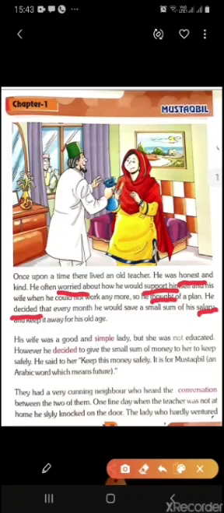Let's underline some important words. The word is simple. Simple. Then we have the next word, educated.